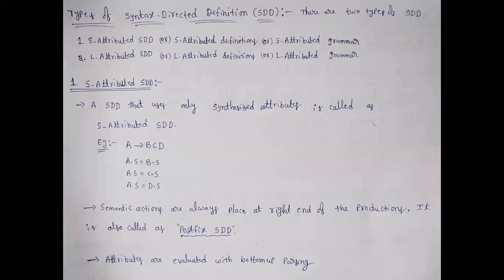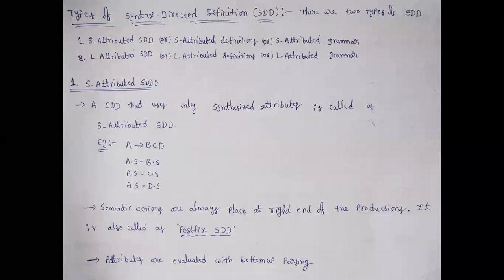And what is an inherited attribute? We take the values from its parent or siblings. That is the inherited attribute. Here S stands for synthesized attributes, so a syntax directed definition that uses only synthesized attributes is called S attributed SDD.